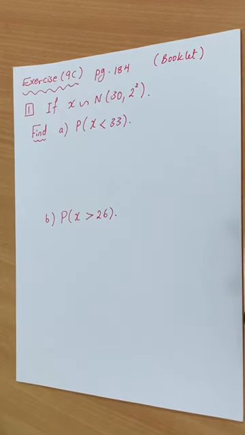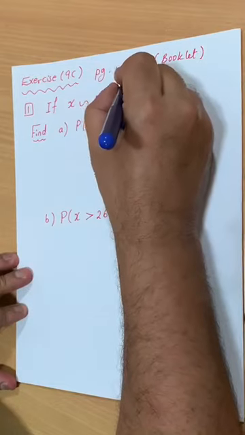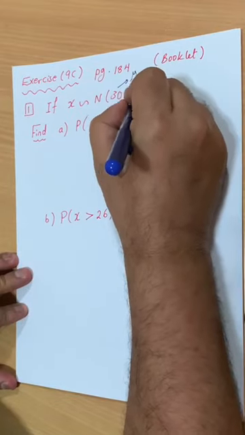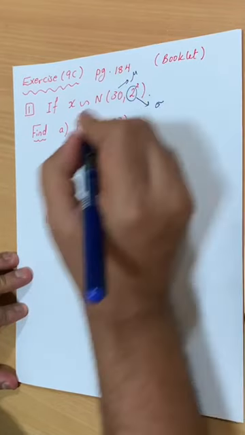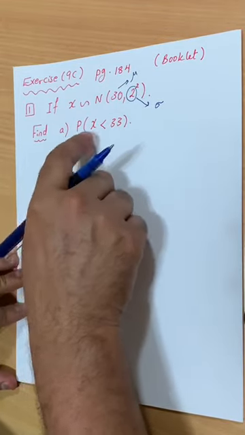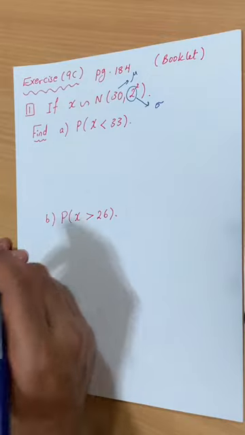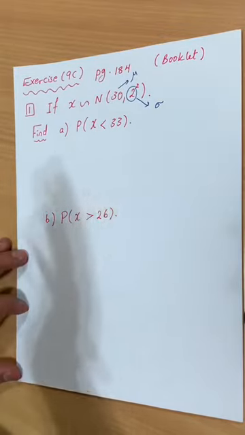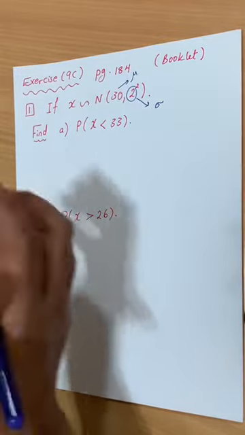Exercise 9C, page 184. If X is distributed in the normal distribution of 30 and 2 squared, 30 is mu, and only 2 without the power of 2 is sigma. It's required to find the probability of X less than 33. So we're supposed to convert it first from the random variable to the normal distribution variable.